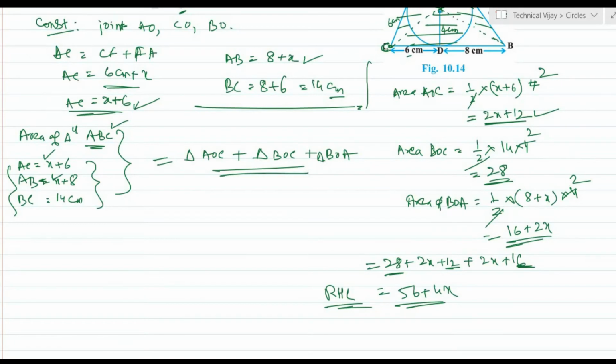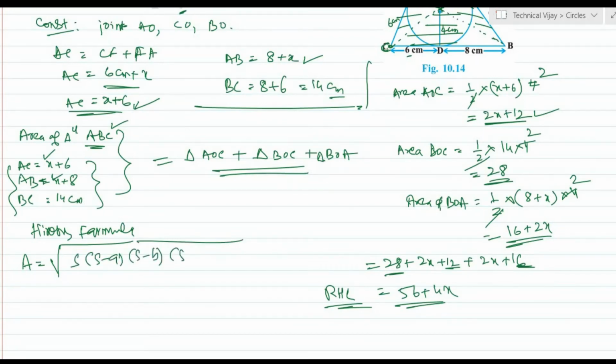Now we will calculate the area of the triangle by using Heron's formula. Heron's formula: area is equal to square root of s into s minus a into s minus b into s minus c, where s is equal to a plus b plus c divided by 2, and a, b, c are the lengths of the sides.